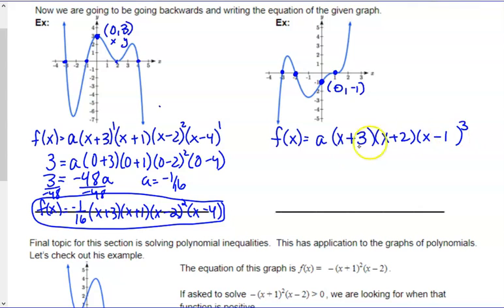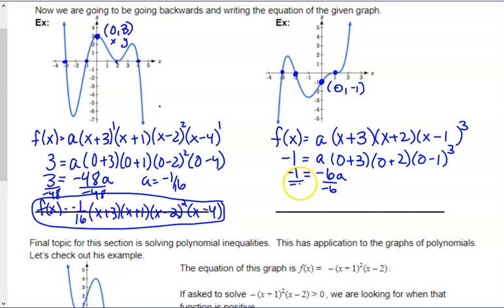0 is always nice because it makes this piece easier. So -1 goes in for f, that's our y, equals a times (0 plus 3) times (0 plus 2) times (0 minus 1) cubed. So now we need to multiply all this together. 3 times 2 is 6 times a -1 after I subtract gives me -6a equals -1.